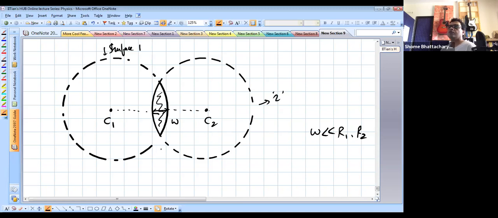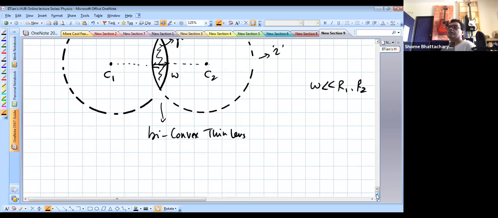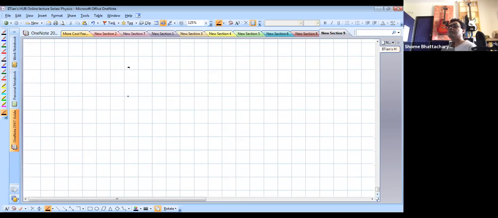So this is an example of what we call a biconvex thin lens. This is glass, for example. Similarly, we could have a situation like this, where these two surfaces are part of these two spheres.